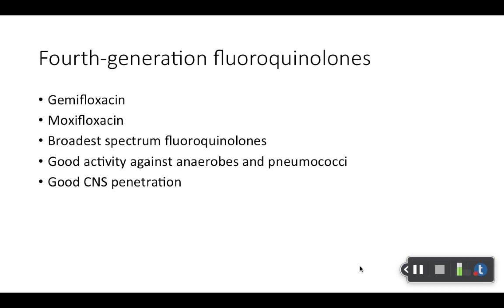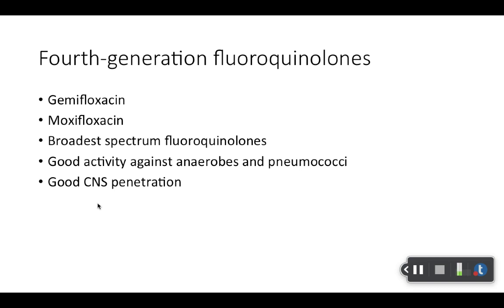Moxifloxacin is still available. So keep that one, definitely remember that one. The brand name of that one is Avelox, A-V-E-L-O-X. And these are some of the broadest spectrum fluoroquinolones. So again, gram-positive, gram-negative, anaerobic too, and then they also have atypical coverage. So again, broadest, so definitely note that, the Avelox, it's kind of the biggest gun there.